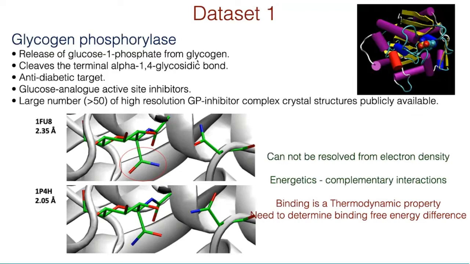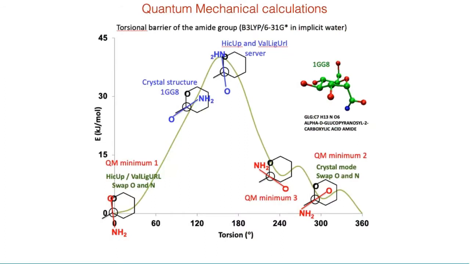So first, because this inhibitor is a glucose analog with an amide group attached to the glucose molecule, we looked at the rotation of that amide group using a quantum mechanics method in isolation. And what we see is this plot here.